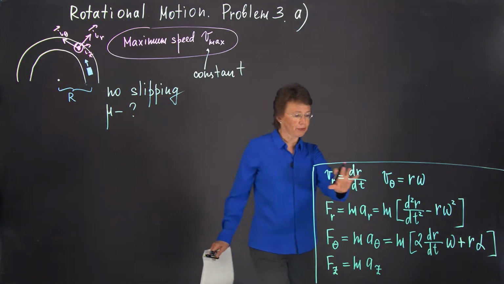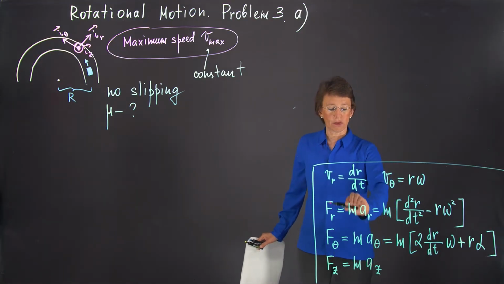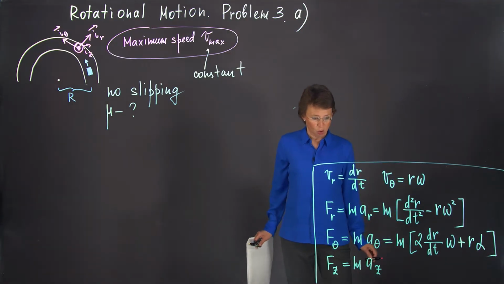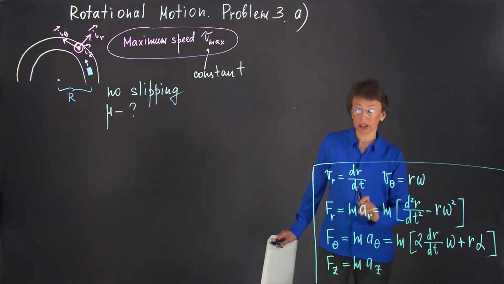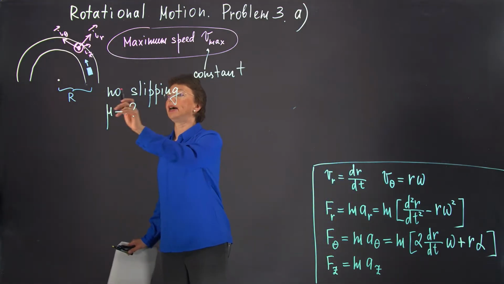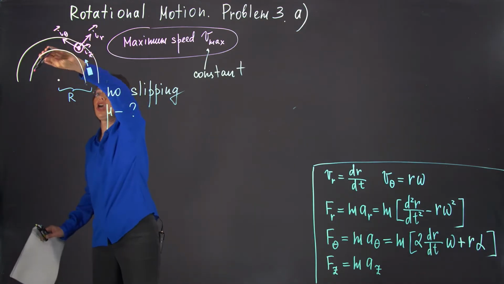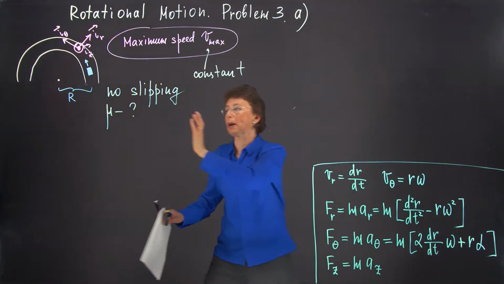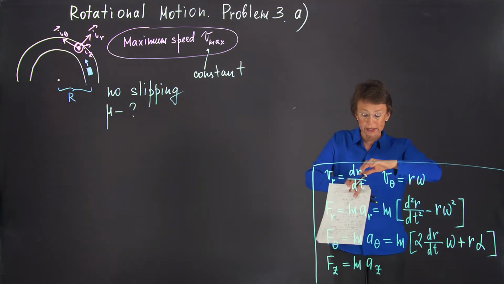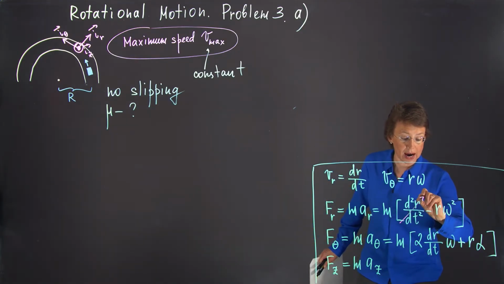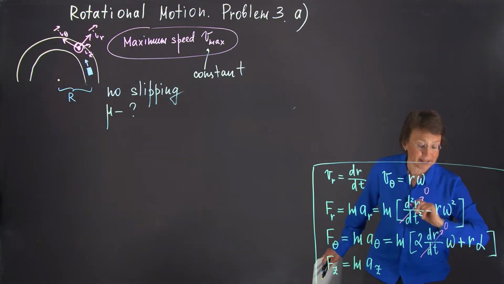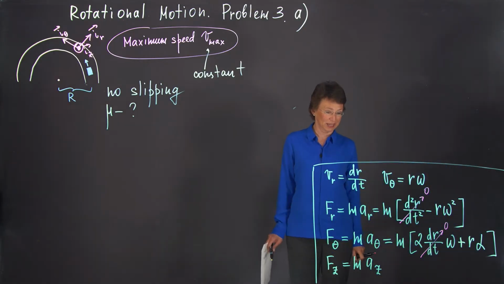Now, I already have formulas, Newton's second law, for the R, theta, and Z components of force. So let's look at each of these formulas. We know that this car is moving along a circular path, which means the radius is constant, so d squared r by dt squared is 0, and dr dt is 0. So our formulas look much simpler now.